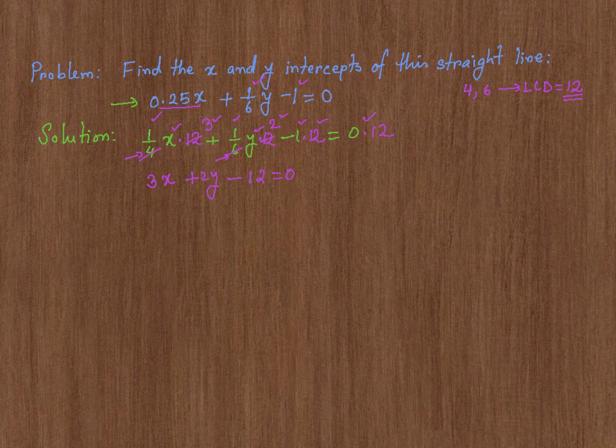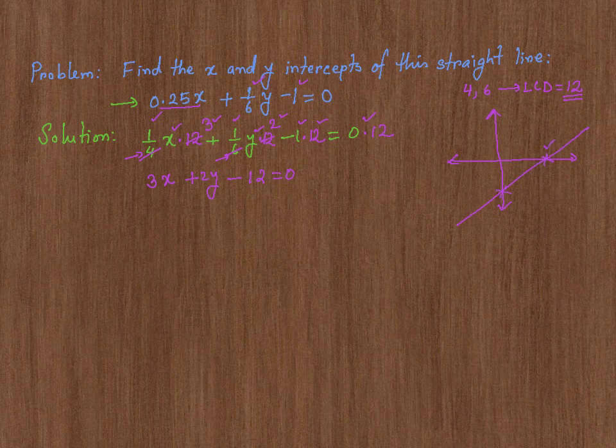Now remember that to find the x-intercept we need to set y to 0, and to find the y-intercept we need to set x to 0. Look at this simple sketch I have on the right. If you have a straight line that goes like this, this is the x-intercept and this is the y-intercept.